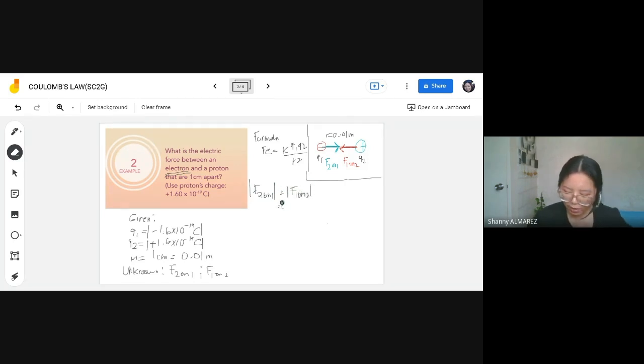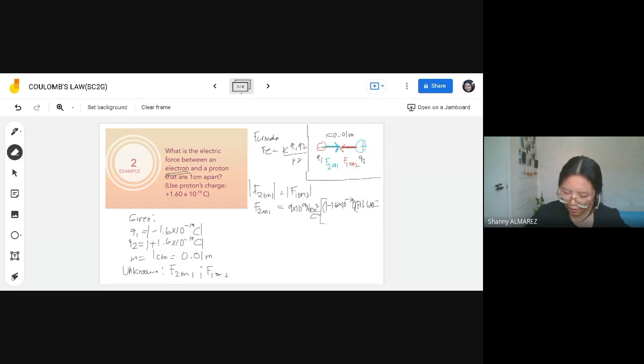Therefore, F2 on 1 is equal to 9 times 10 raised to 9 Newton meter square per Coulomb square times the quantity. Absolute value po ang gagamitin natin, negative 1.6 times 10 raised to negative 19 Coulomb. And the other one is absolute value of positive 1.6 times 10 raised to negative 19. Ayan, hindi na kasya.